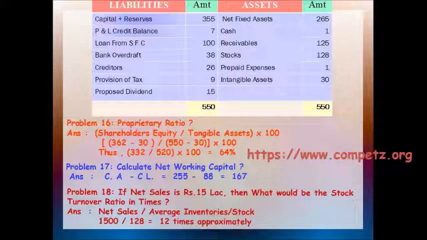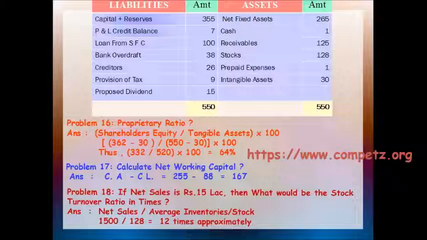How come 88, friends? Total liability is 550 minus your loan 100, minus your capital 355 and profit and loss account credit balance 7. So 355 plus 100 plus 7 gives 462. So current liabilities is 550 minus 462, you will get 88. Therefore 255 minus 88, you will get 167 as your net working capital.